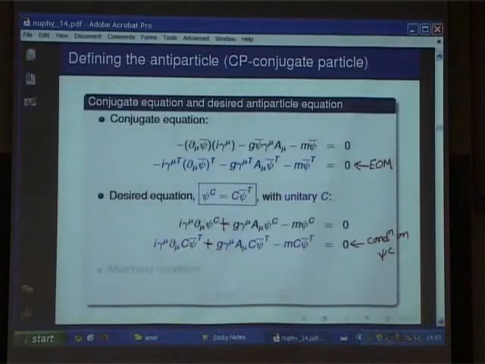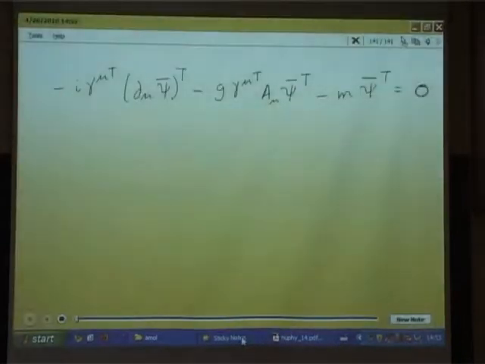What I want to do is I want to match this equation with this equation. So what I will do first is I shall operate on this equation by C. So C, let's see what this thing is.